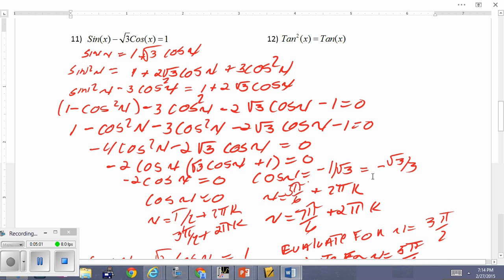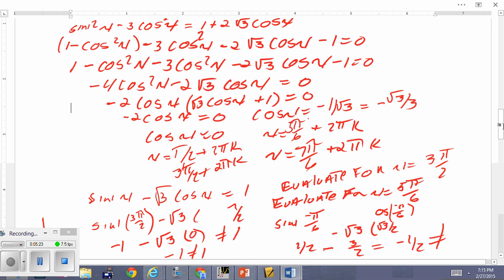Cosine being negative in the second and third quadrants with reference angles of pi over 6 result in the 5 pi over 6 and 7 pi over 6 solutions in each wavelength, and of course plus the 2 pi k for all subsequent wavelengths.